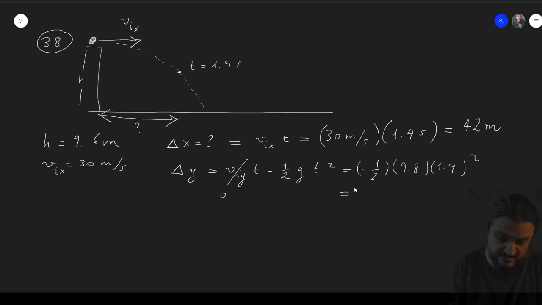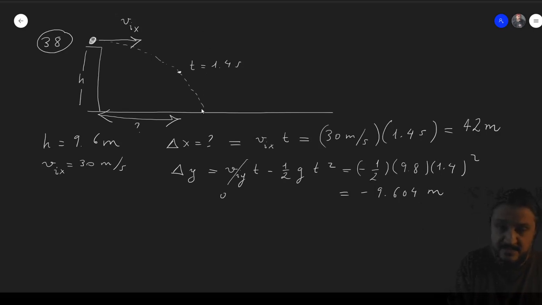Negative 0.5 times 9.8 times 1.4 squared. Okay, well that's interesting because I just got negative 9.604 meters, which is actually indeed the height.